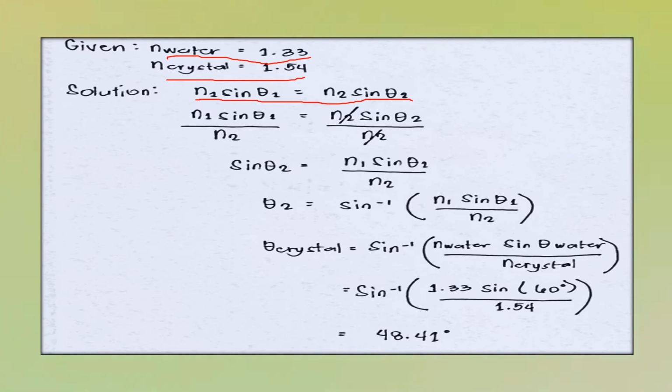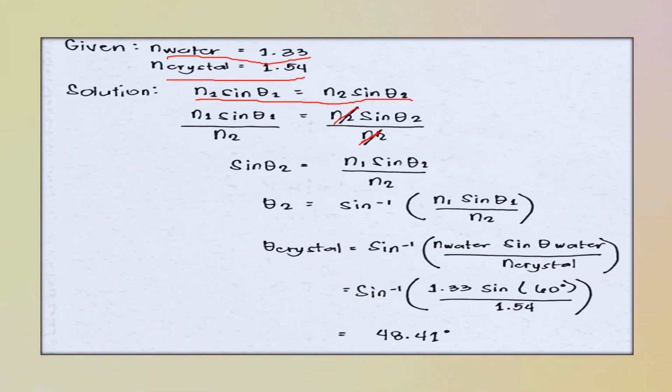In order for us to get the refracted angle, we divide both sides by n2. Now we have n1 sine theta 1 divided by n2 is equal to n2 sine theta 2 divided by n2. Cancel similar quantities, resulting in sine theta 2 is equal to n1 sine theta 1 divided by n2.